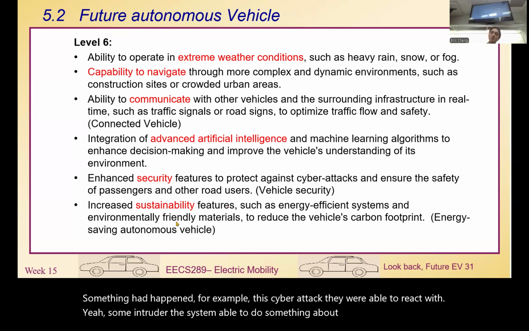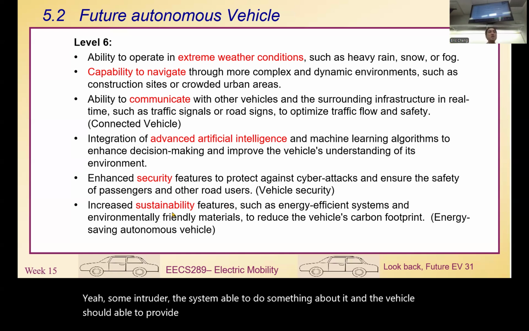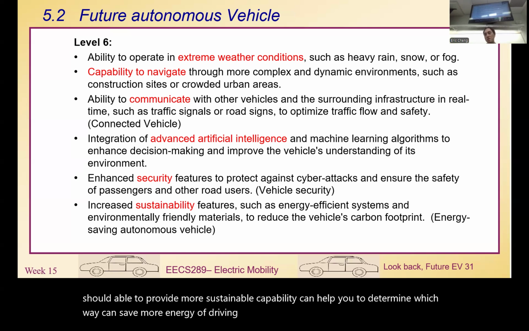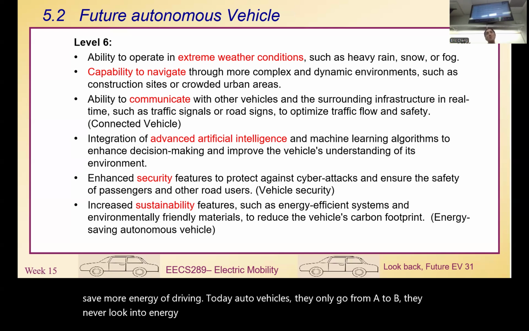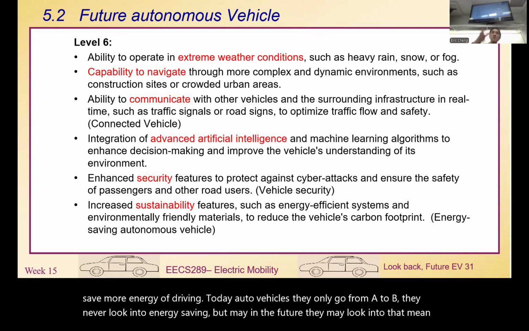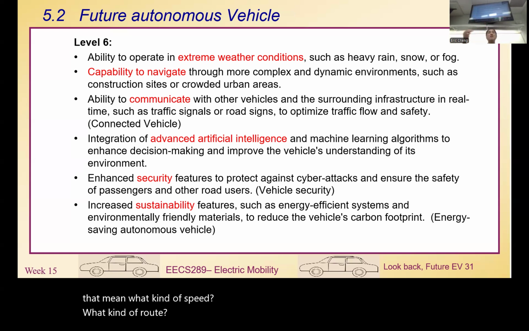And the vehicles are able to provide more sustainable capability, helping you determine which way can save more energy in driving. Today, autonomous vehicles only go from A to B. They never look into energy saving. But in the future, they may look into that. That means what kind of speed, what kind of route, and when to brake the vehicle to save more energy.